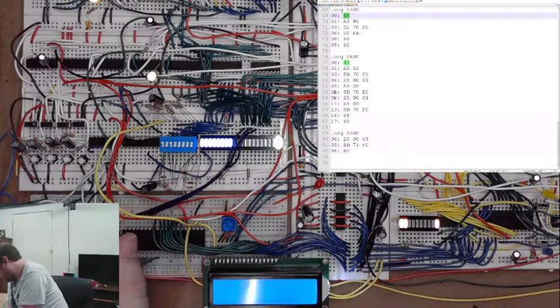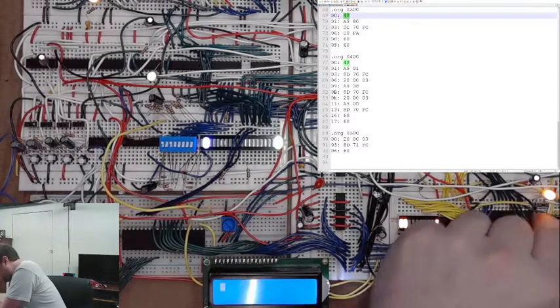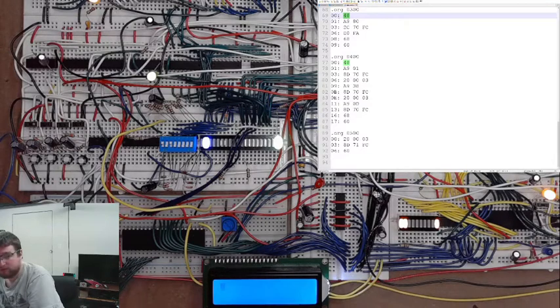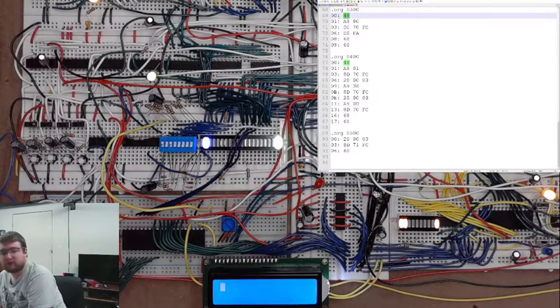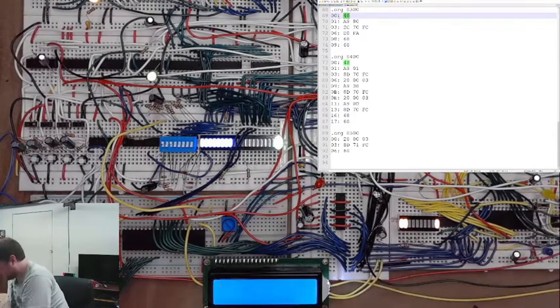Hold on. What am I doing? Go look at it again. I'll re-enable this. We're currently at 3, 0. It should be 4, 8. Okay. Just wanted to make sure that I wasn't going crazy.